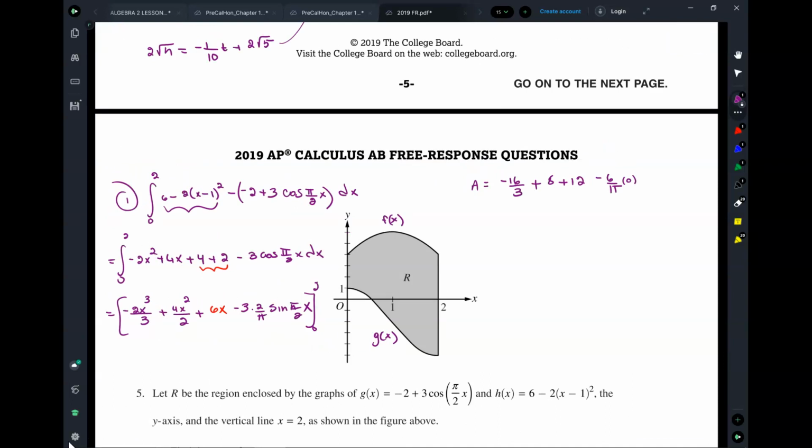Pi over 2 times 2, which is pi. So all that is 44 over 3. Okay? All right, and that's a good place to stop.